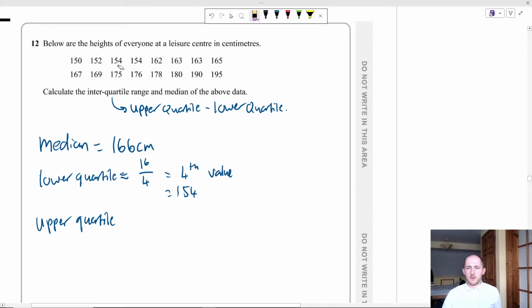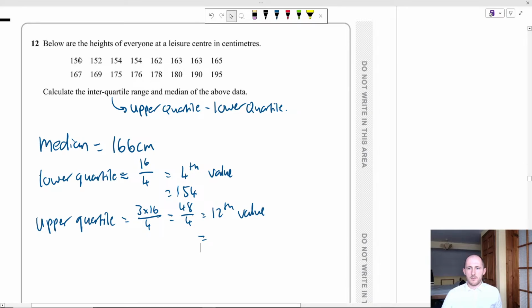Upper quartile, you're doing basically the same thing. However, you do 3 times 16 over 4. So don't forget, with the median, you're looking for the actual middle number, right? If there's two numbers in the middle, you have to add them together and divide by 2 or find the middle. So it is the 8th number, but that's not quite how we do it. In this case, 48 over 4, so that would just be the 12th value.